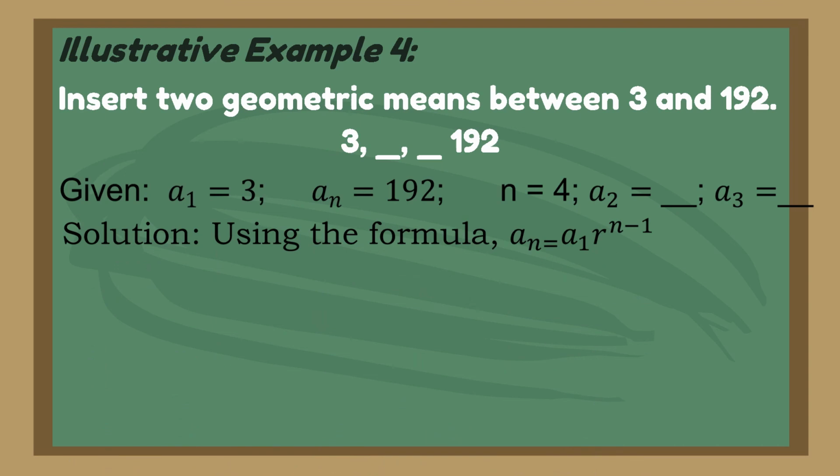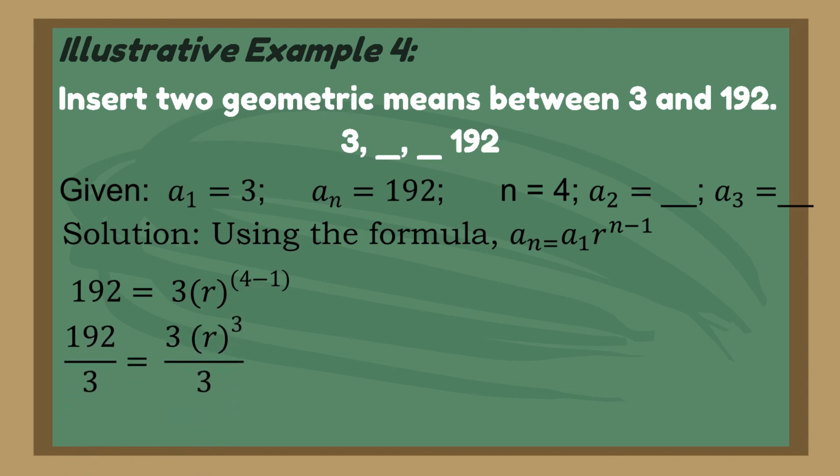Using the formula a sub n equals a sub 1 times r raised to n minus 1, substitute the given values. So we have 192 equals 3 times r raised to 4 minus 1. By applying the property of equality, we can divide both sides of the equation by 3. So we have 64 equals r cubed. To find the value of r, we can get the cube root of both sides of the equation. So we have the cube root of 64 is 4 and the cube root of r cubed is r.